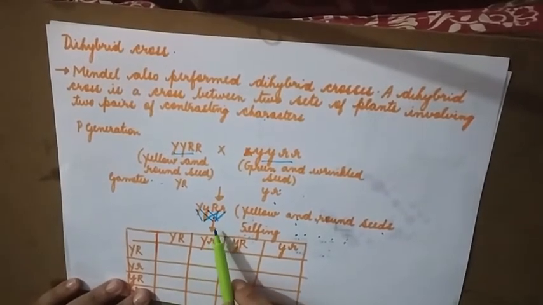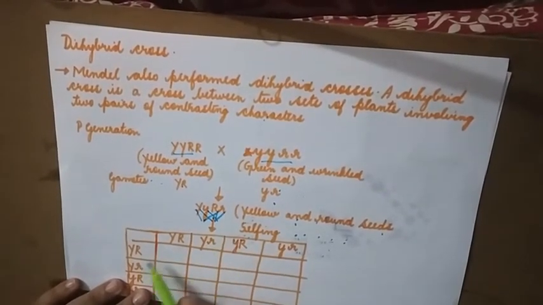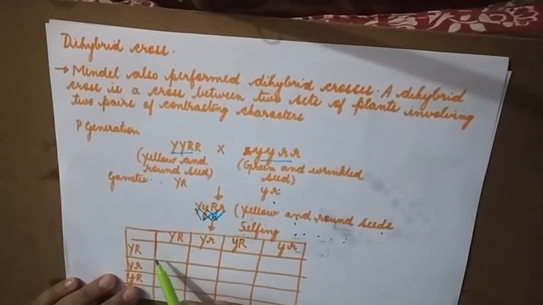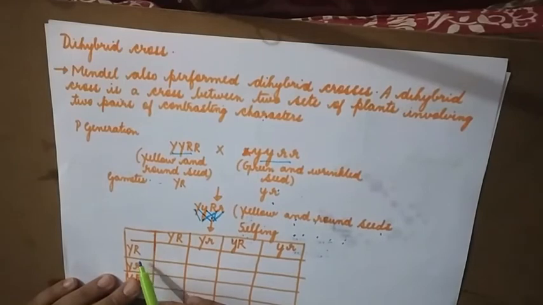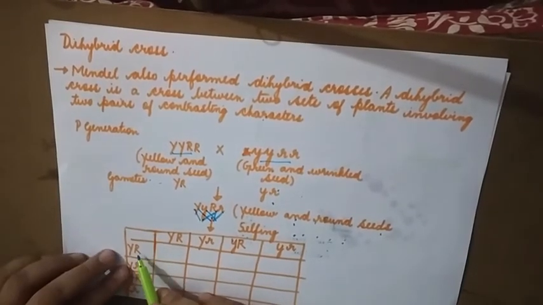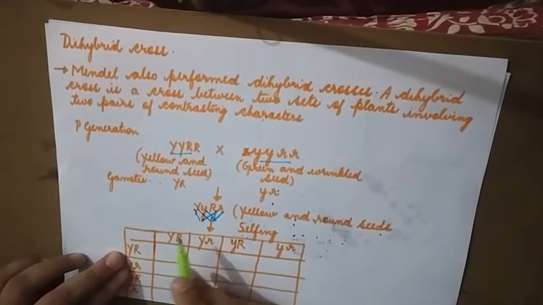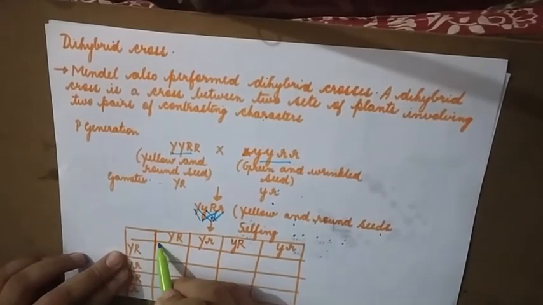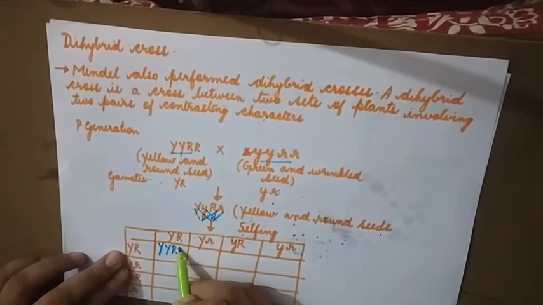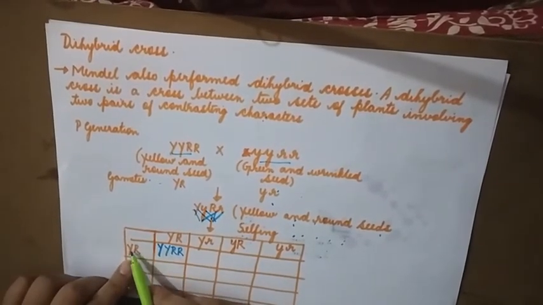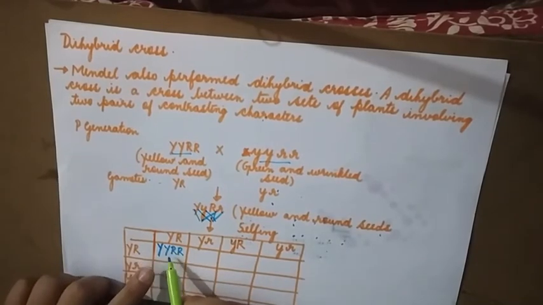Now here we see selfing is done. When the selfing is done, what are the possible combinations that are obtained? Over here we see yr into yr, we get yyRr.